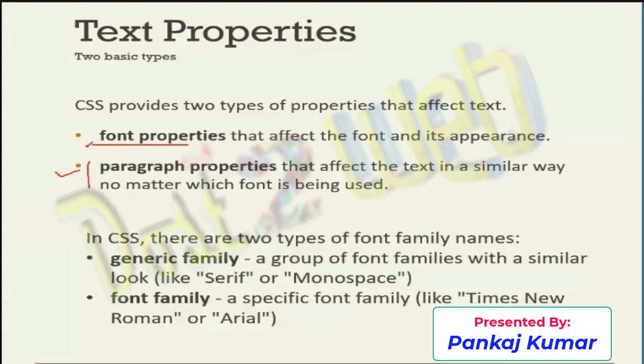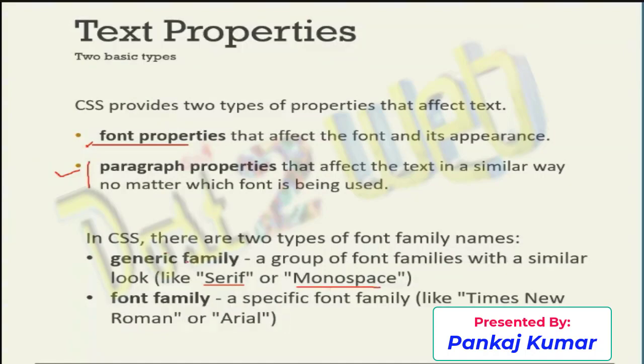In CSS, generally we have two types of font family name. One is called generic family and one is called font family. In generic family, a group of font families will be with a similar look, like maybe you have seen in Microsoft Word when you are using sans serif, serif, monospace.